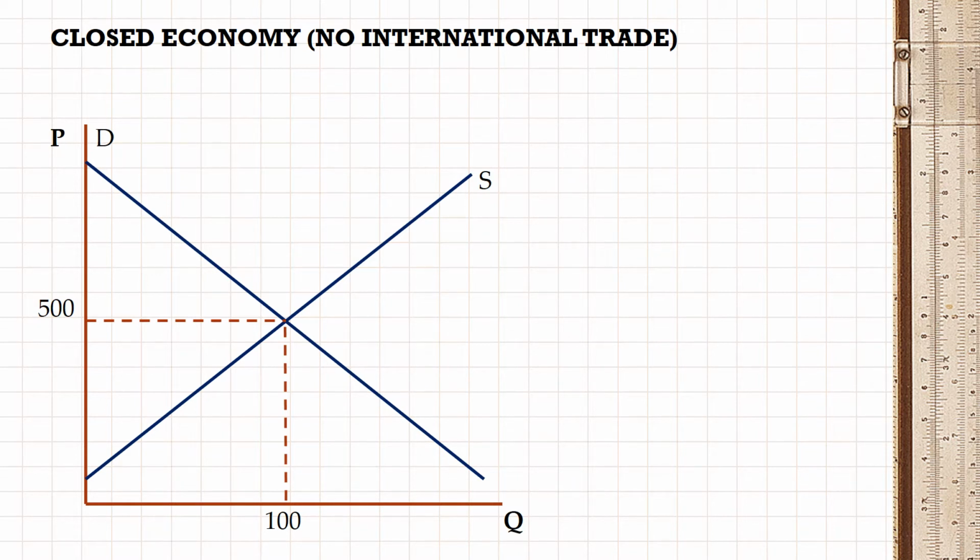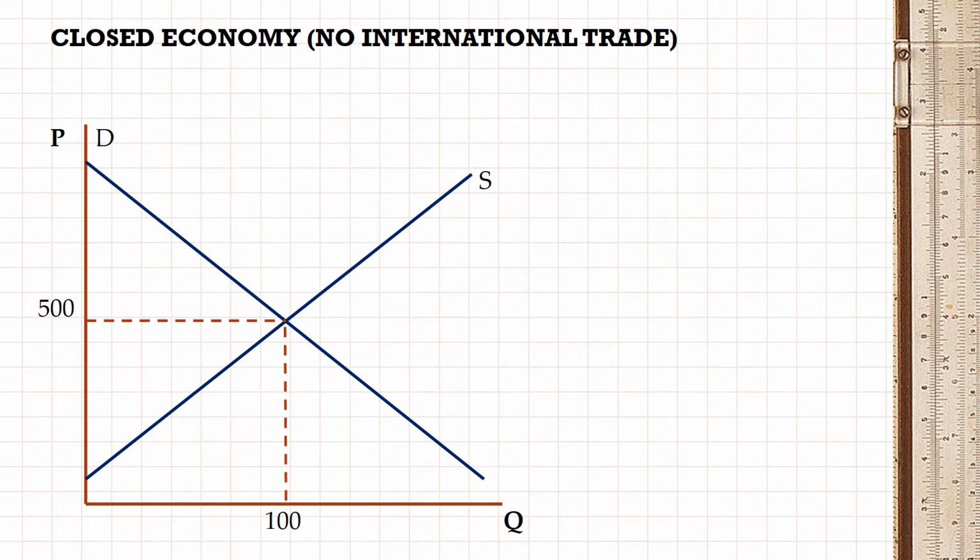Whatever your country is manufacturing, that's what the whole economy consumes. So you might be trading within your country, as in within different provinces, let's say Punjab and Sindh, but you're not allowed to exchange goods and services with, let's say, the US, Germany, or any other country. That's a closed economy.